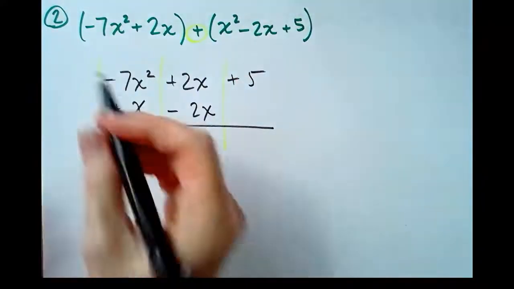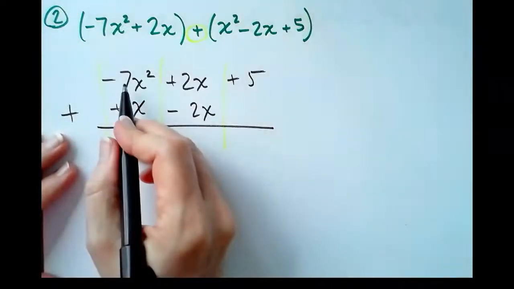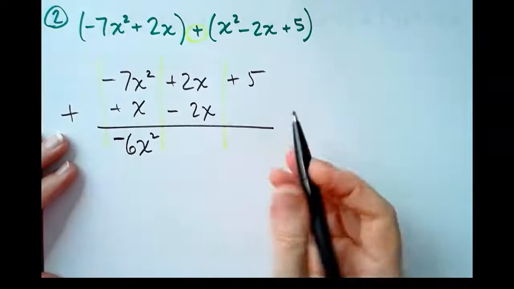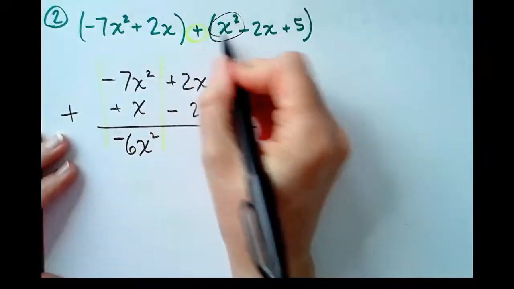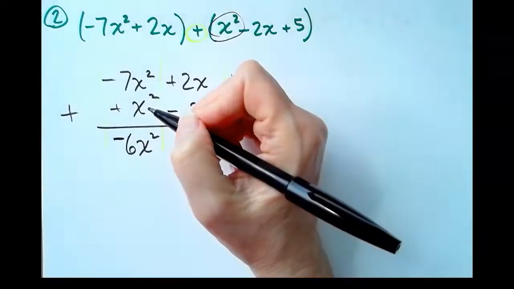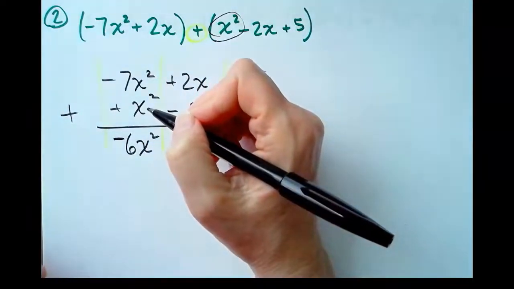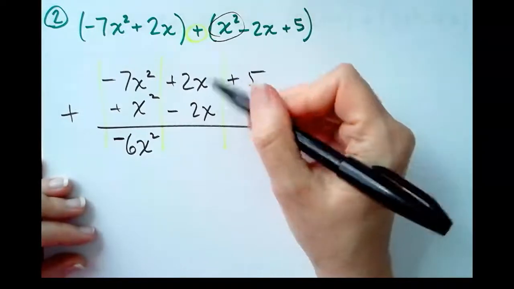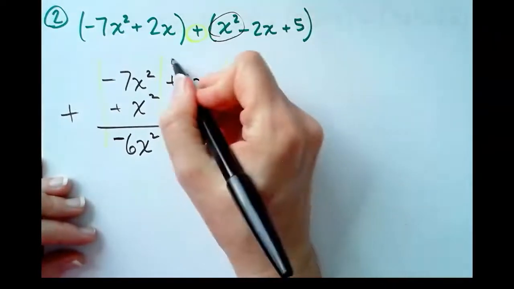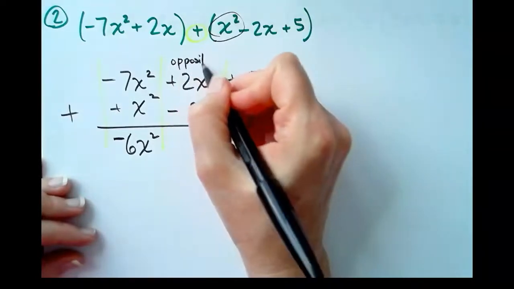I can add straight down the columns. A negative 7 and a positive 1 is a negative 6x squared. Notice once again, I missed my x squared. That should be there. Our exponents never ever change when we add or subtract. Next, a positive 2x and a negative 2x. These two terms are opposites.